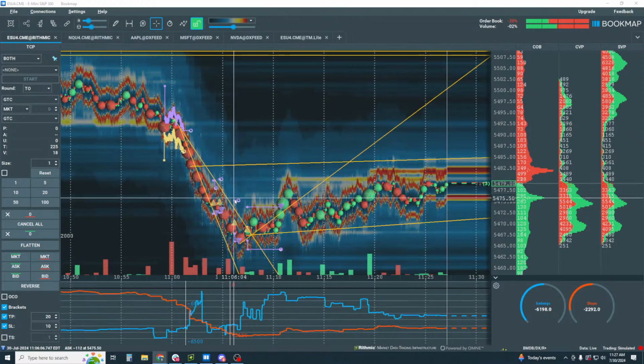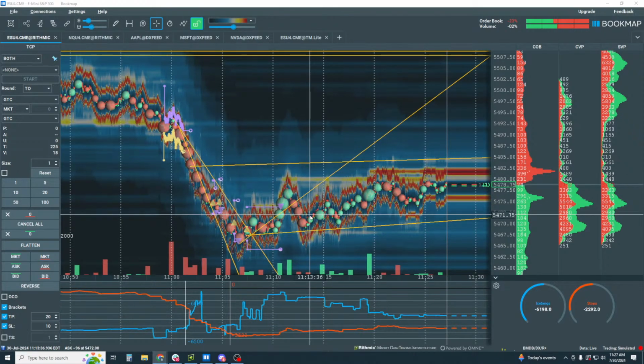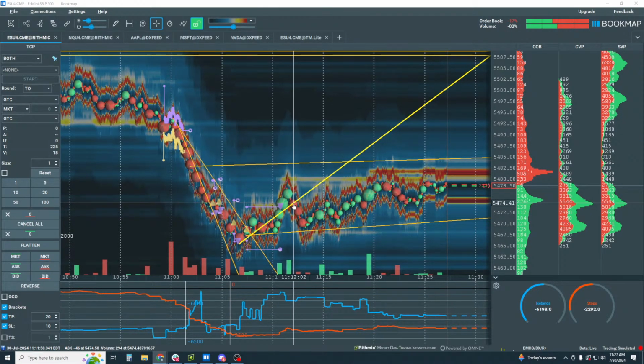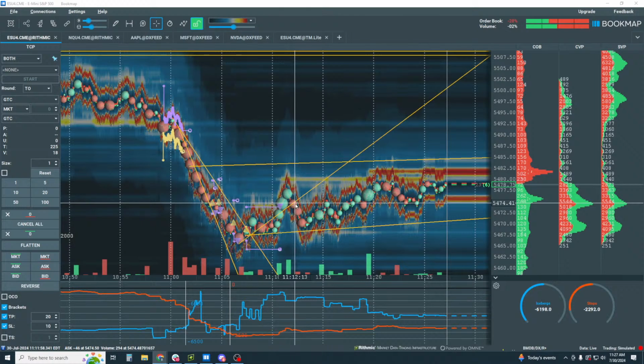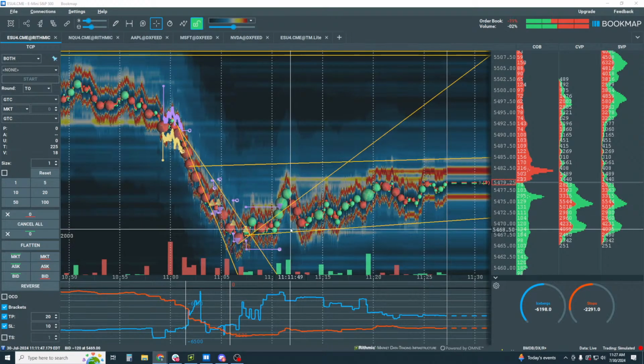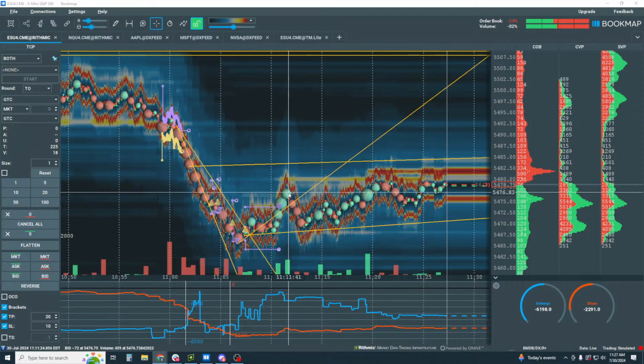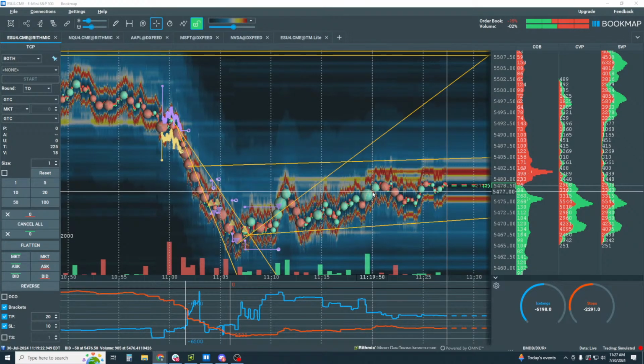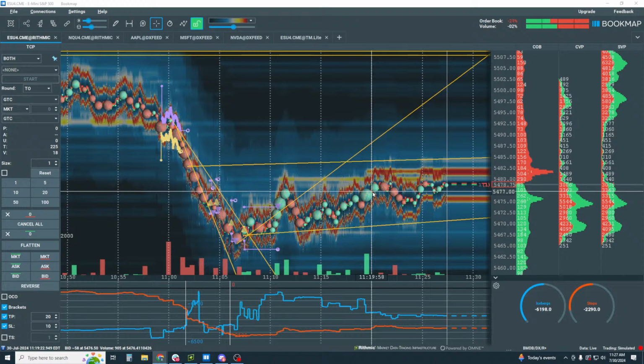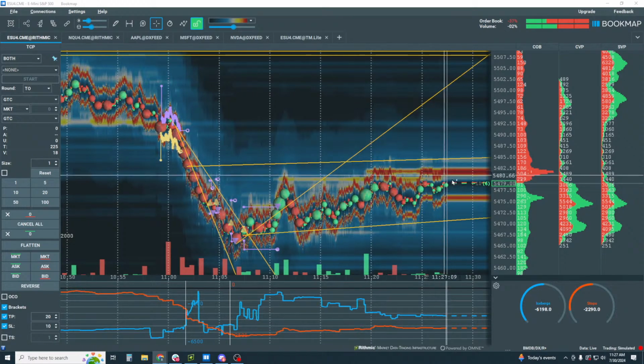Again, it's tricky with the reversals because we don't know, is that supply gone? Where is that demand? You can see the move to here or here, it's both on. And then now we're not really getting too much, not seeing a whole lot.